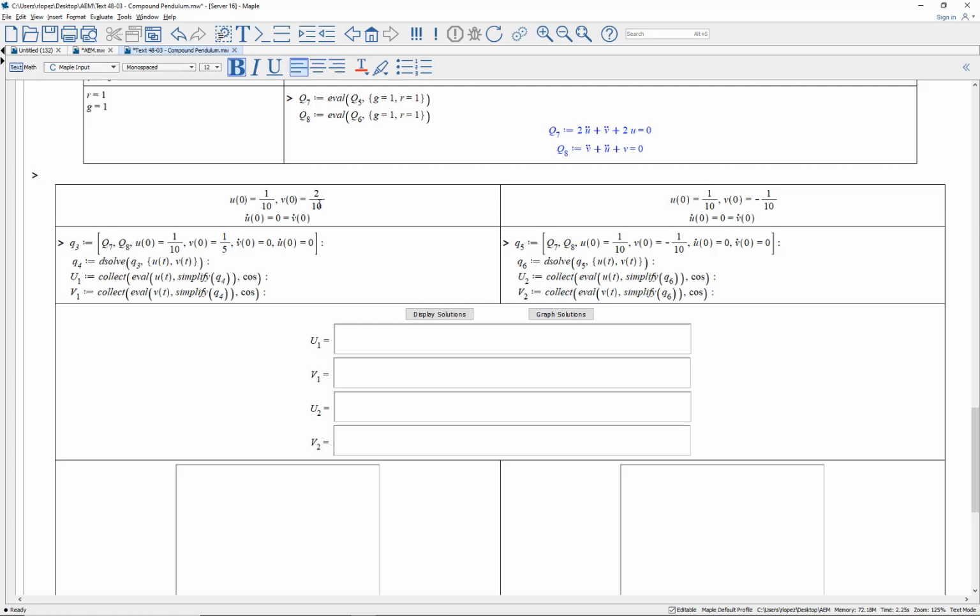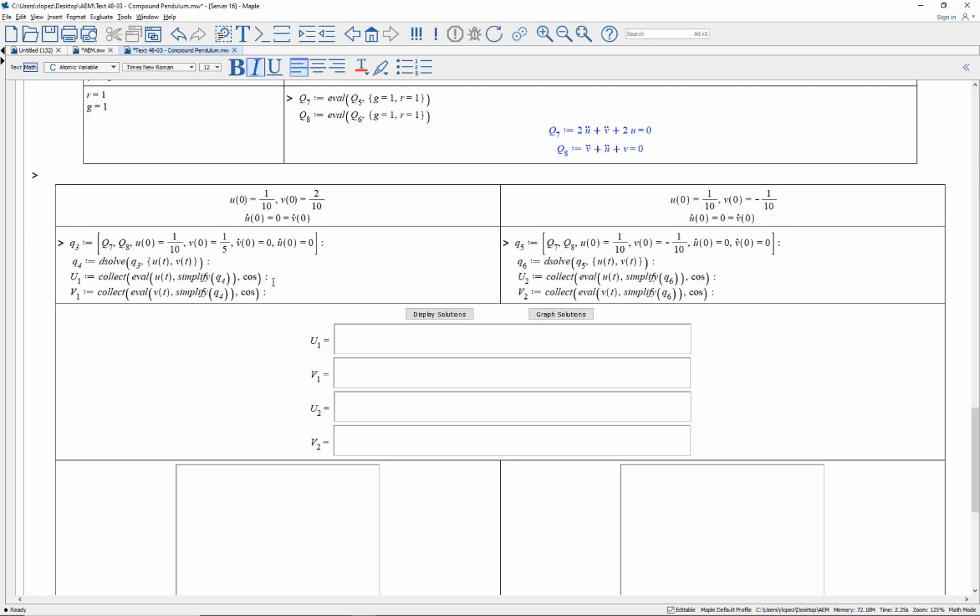So essentially they're both to the right, but with the bottom bob a little bit further to the right. This solution has the two bobs displaced in opposite directions. So the upper bob goes to the right, and the lower bob goes to the left of that.